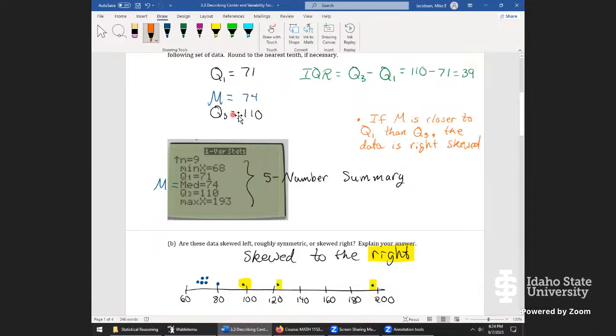If it's closer to quartile 3 than it is to quartile 1, now we're skewing towards the left because the data is concentrating on the right and trails off towards the left. So let's put that down as our next bullet point. If M is closer to quartile 3, the upper quartile, than Q1, the data is left skewed.